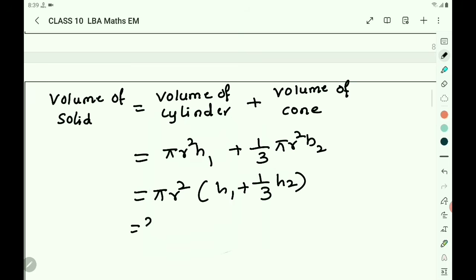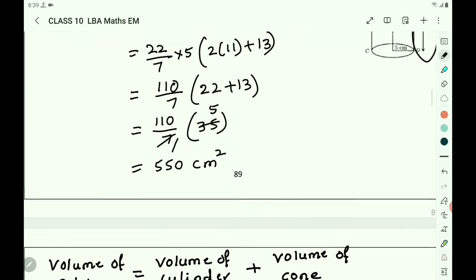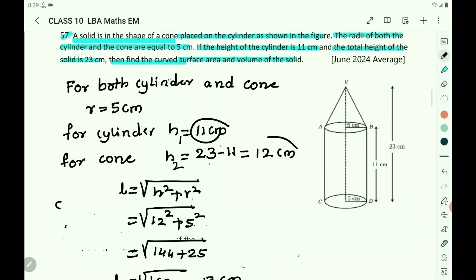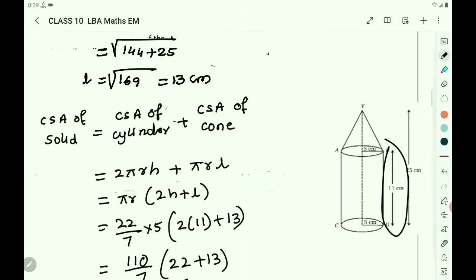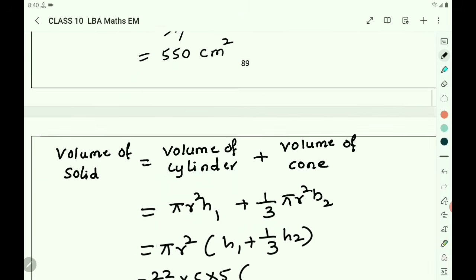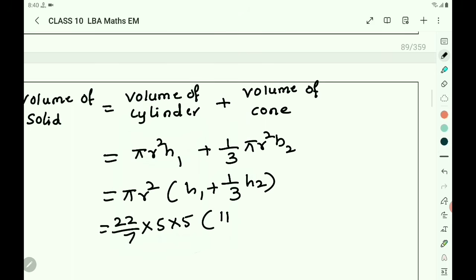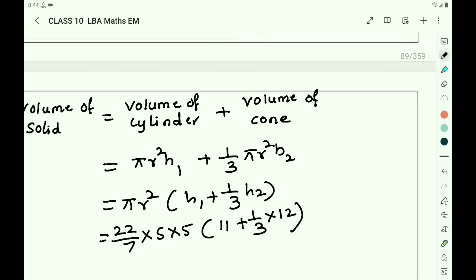Pi value is 22 by 7. R is 5, 5 into 5. h1 is 11, h2 is 12. 11 plus 1 by 3 into 12.